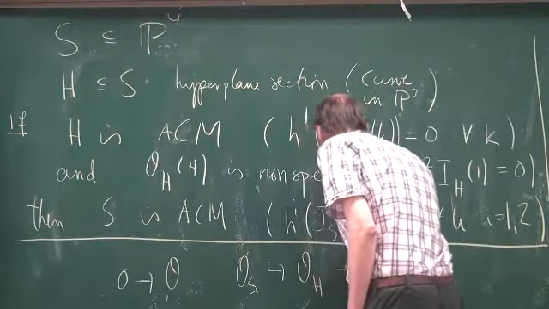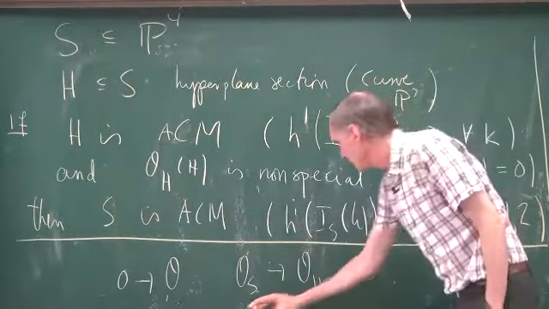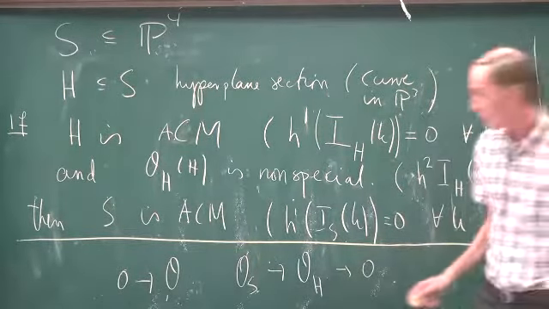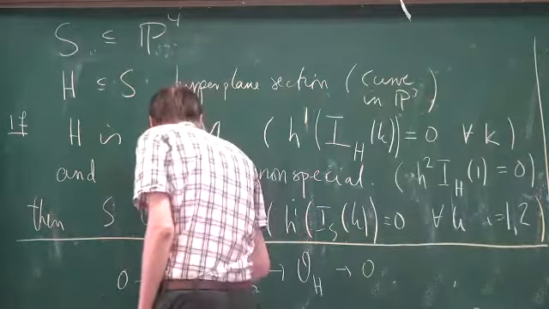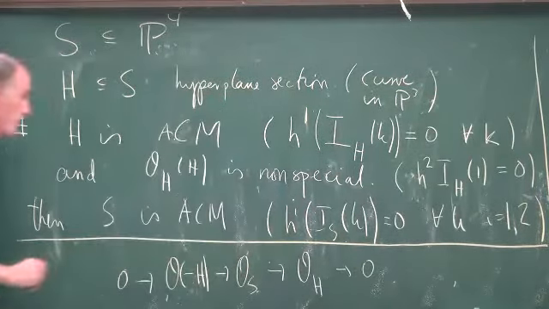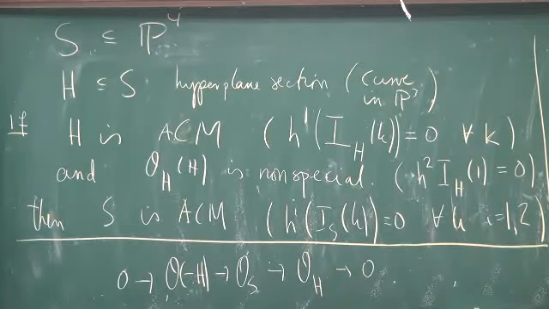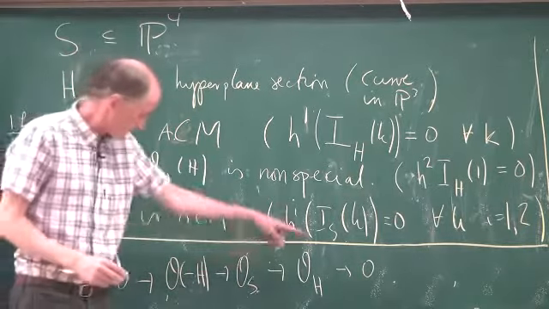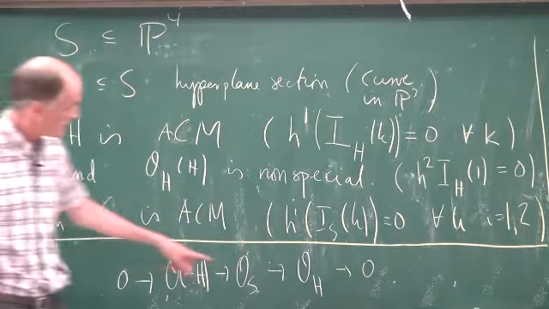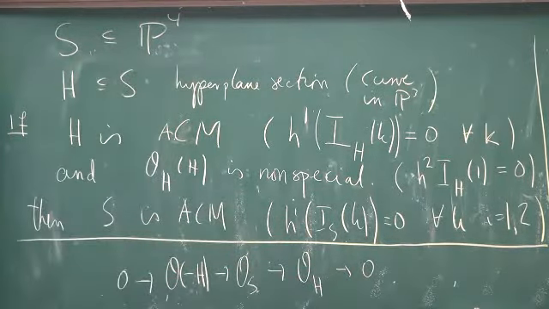The ideal sheaf of a hyperplane section, that's just O of minus H. So this is the ideal sheaf, or the defining sequence for the hyperplane section.